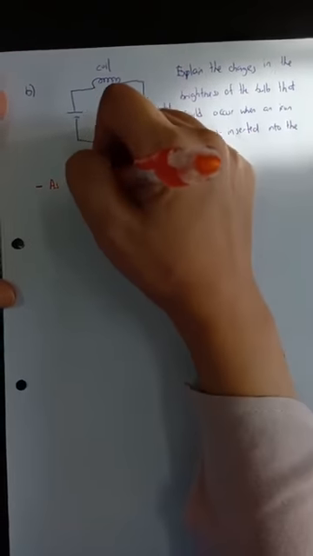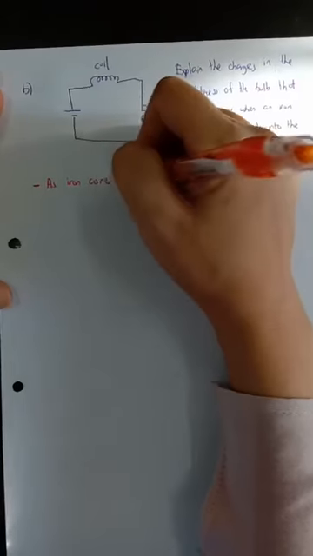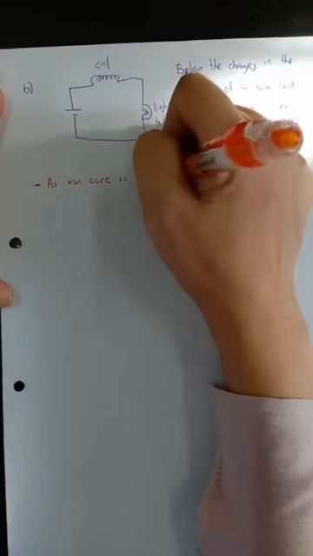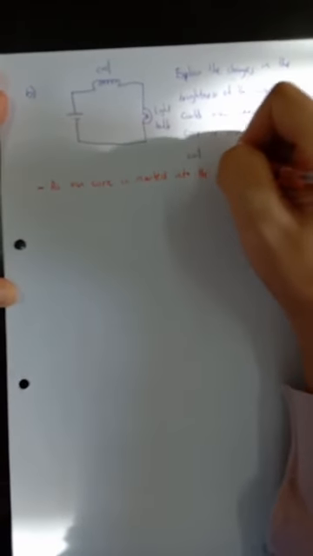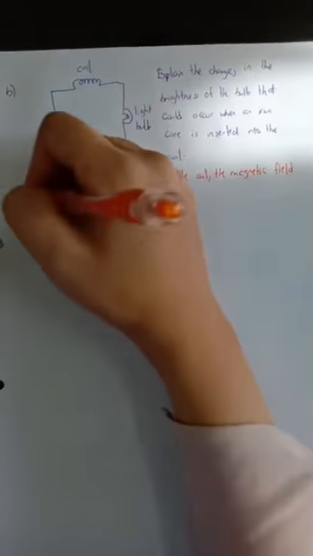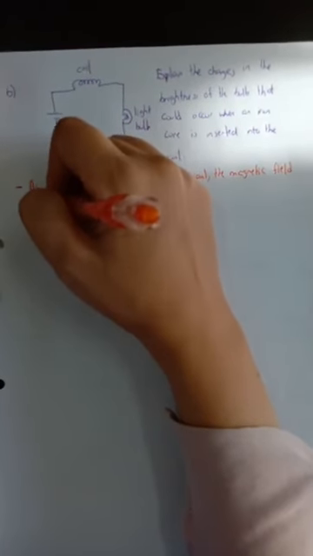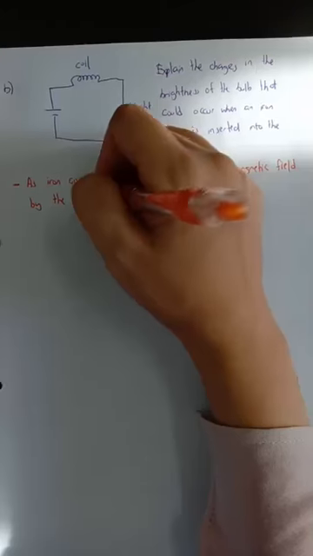As iron core is inserted into the coil, the magnetic field produced by the coil increases.